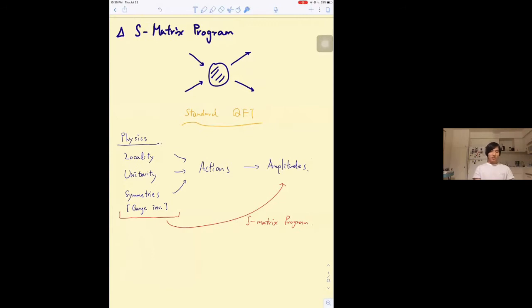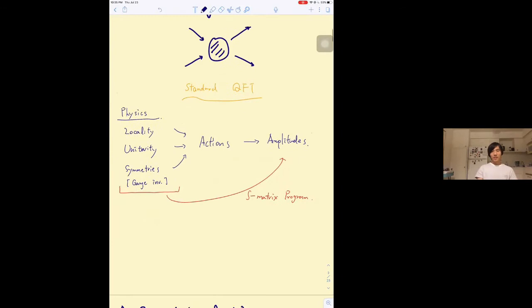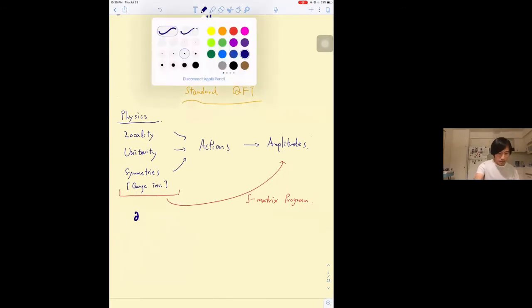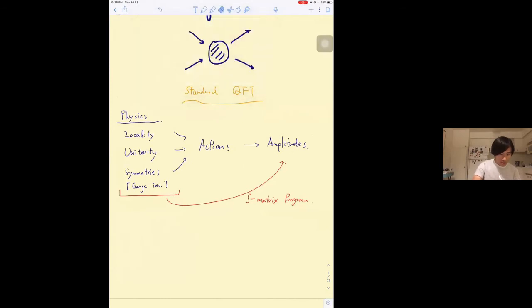However, there's a huge redundancy in the local actions. Let me give you a very simple example. Suppose I have a free field theory. I can make this Lagrangian look arbitrarily complicated if I do a simple real field redefinition.